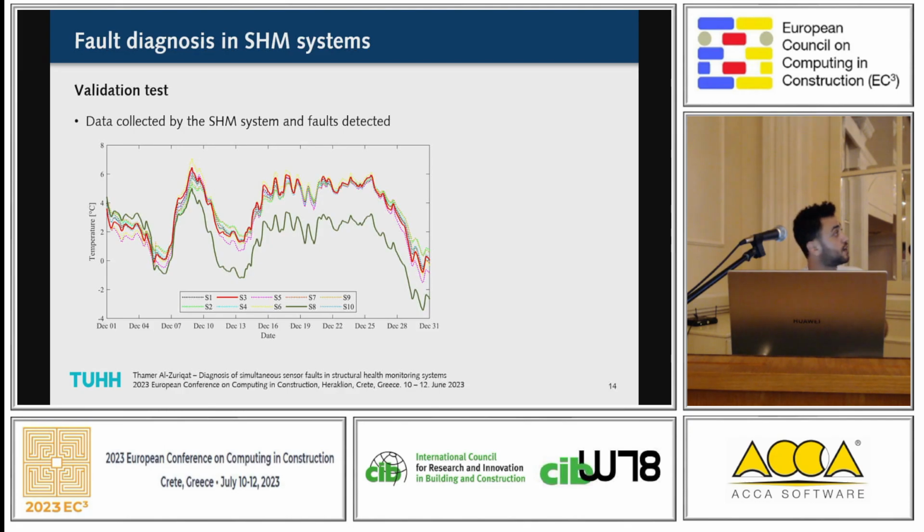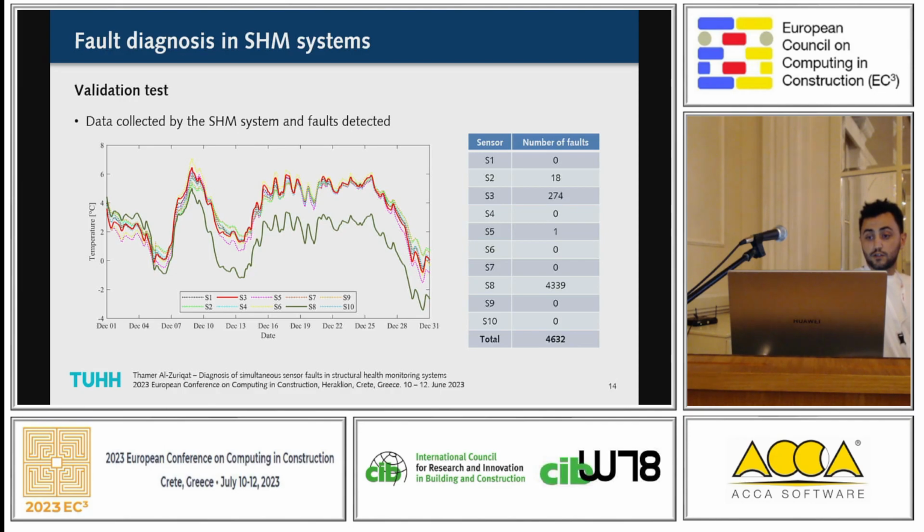Those are the results, or data collected from the sensors, over December 2018, as I remember. I don't know if you can see it, but the green line shows a drift in sensor 8, starting more or less from the 5th of December. At the same time, between the 19th and the 22nd of December, sensor 3 is also failing.